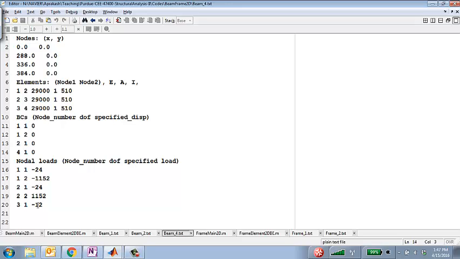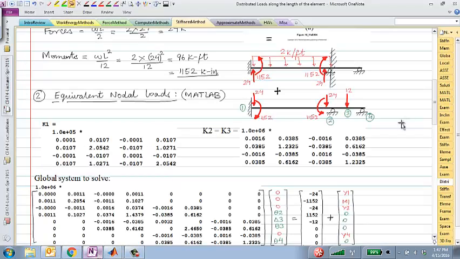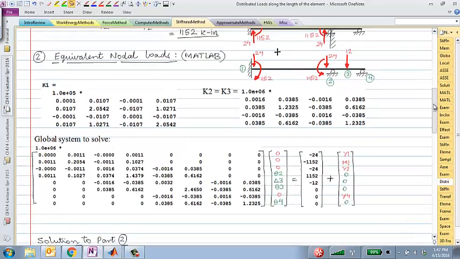So for a problem that has distributed loads, you would replace the distributed loads with their equivalent fixed end moments and reactions. Okay. And at that time, you can solve it as usual.